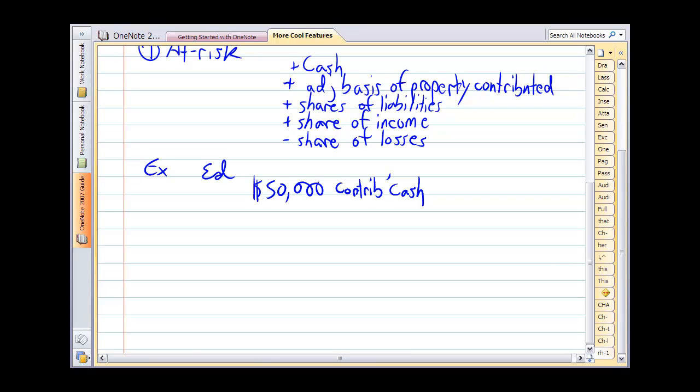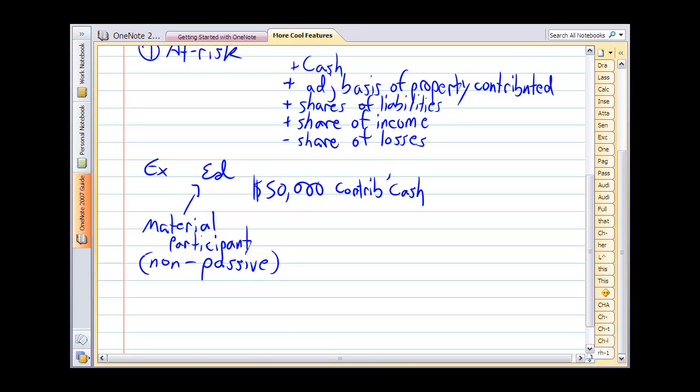All right, and so he's a material participant. When I say material participant, that basically tells us that he is not going to be subject to the passive loss limitation. So material participant tells us that it's non-passive. It's not a passive activity, so he doesn't have to worry about that limitation there. Okay.